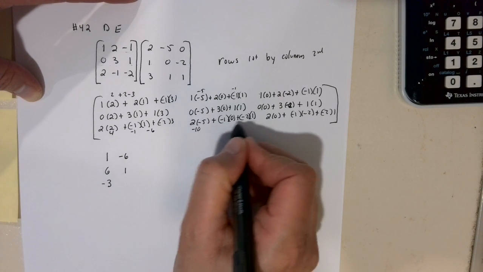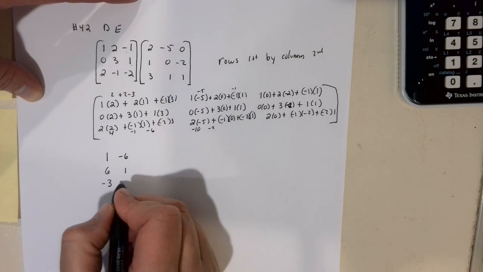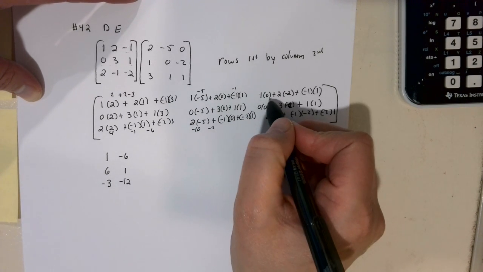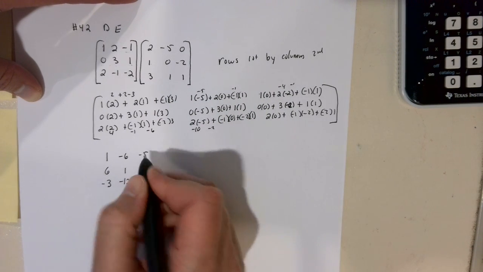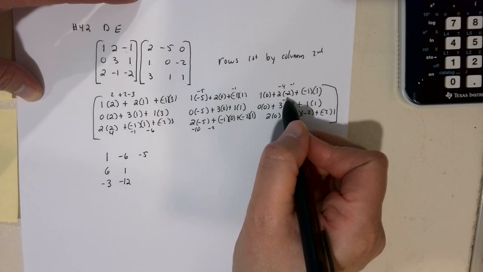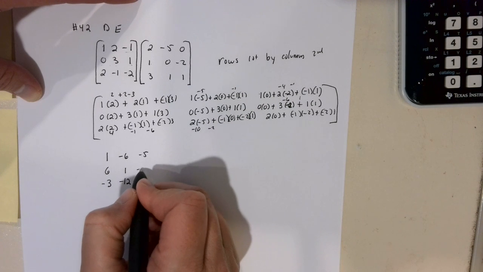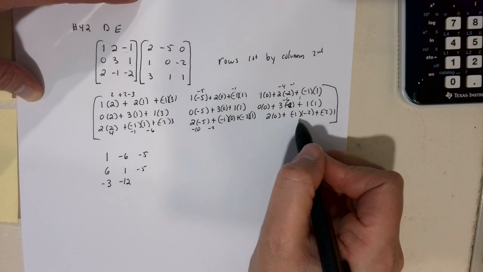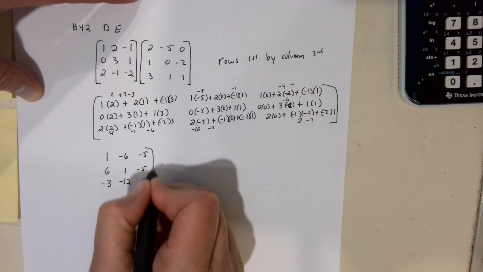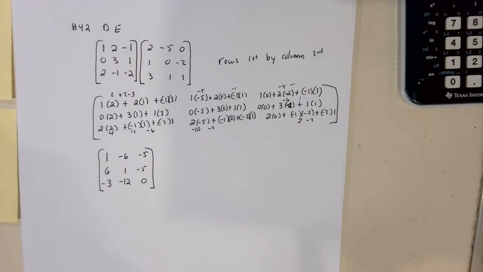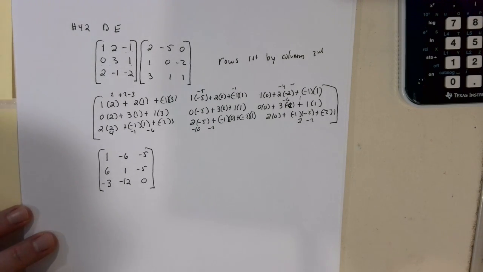Here I've got negative 10 and negative 2 makes negative 12. Up here I've got 0, negative 4, negative 1 makes negative 5. 0, negative 6, and 1 is another negative 5. 0, 2, and negative 2 is a 0. And so that is your answer for number 42.